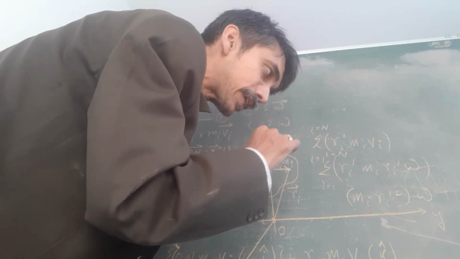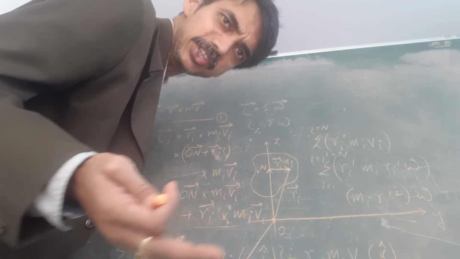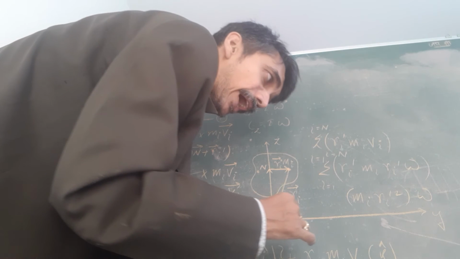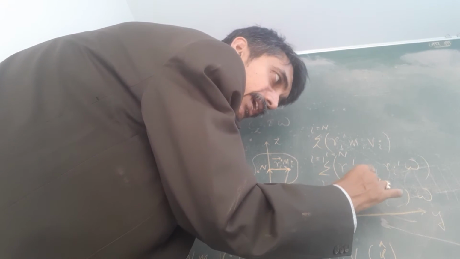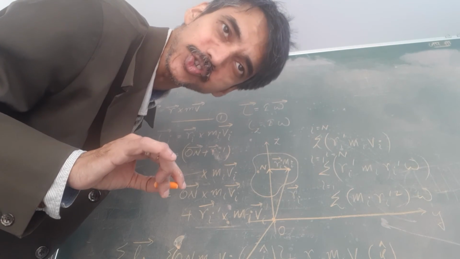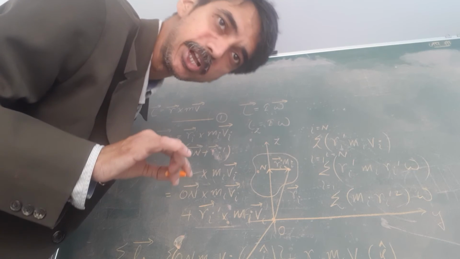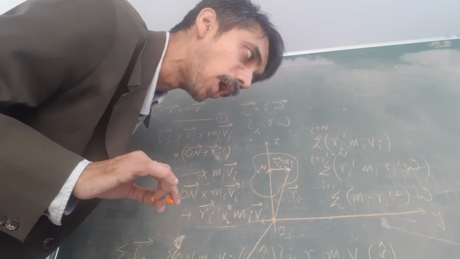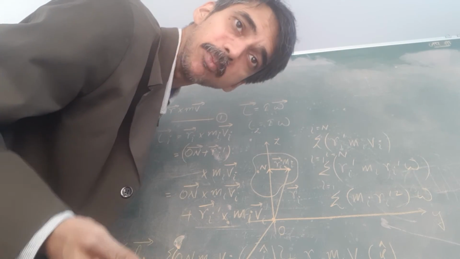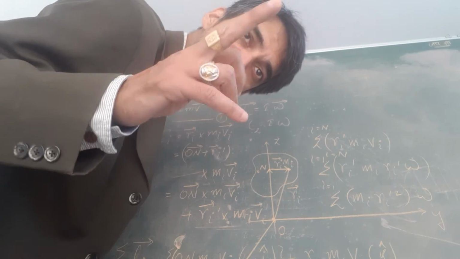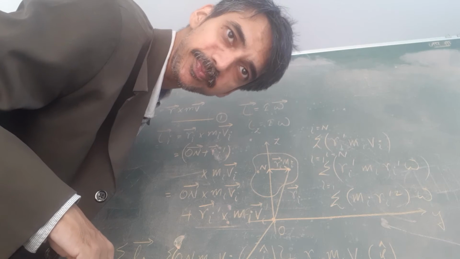Because this factor we have studied in the recent past, wherein we said that when we sum over Mi Ri prime square, where Ri prime is the perpendicular distance of the particle from the axis of rotation, we read it as moment of inertia about that axis.